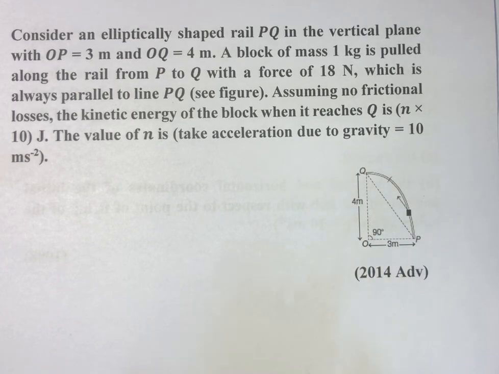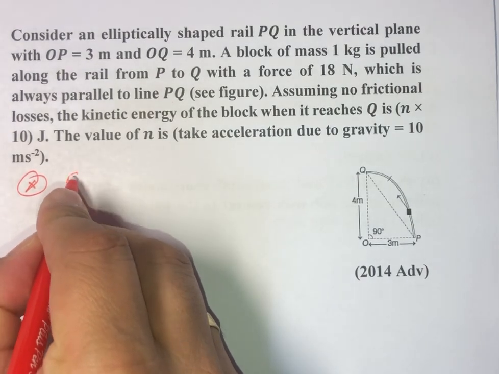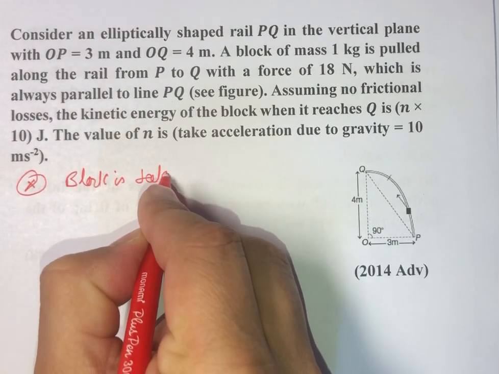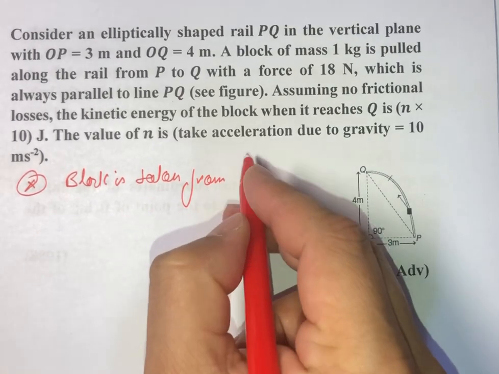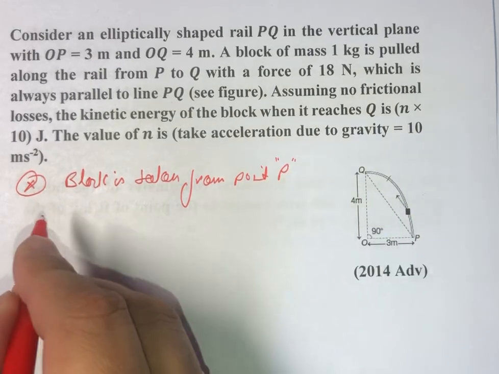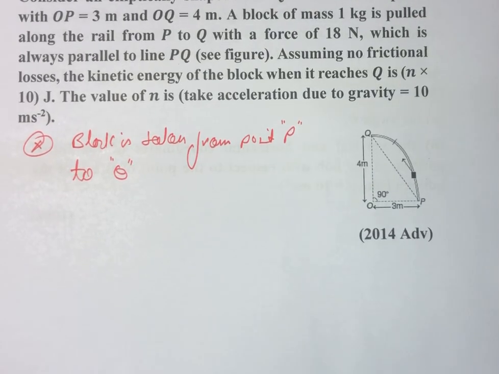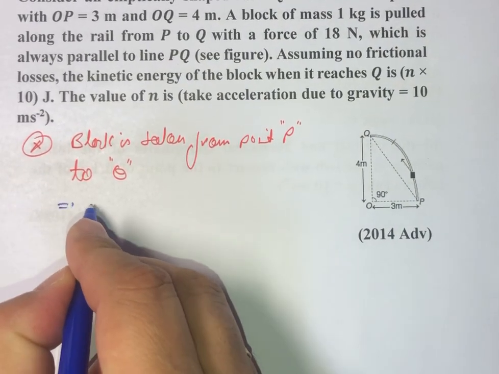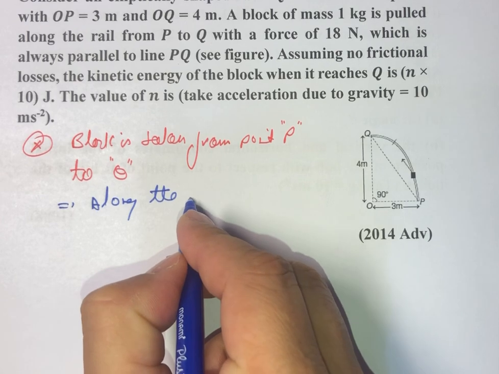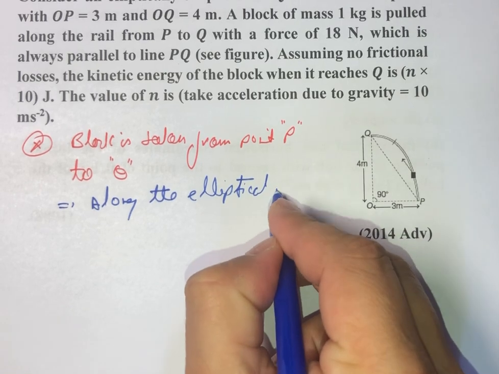QOP. So you can say that the block is taken from point P to Q, and this is done along the elliptical path.